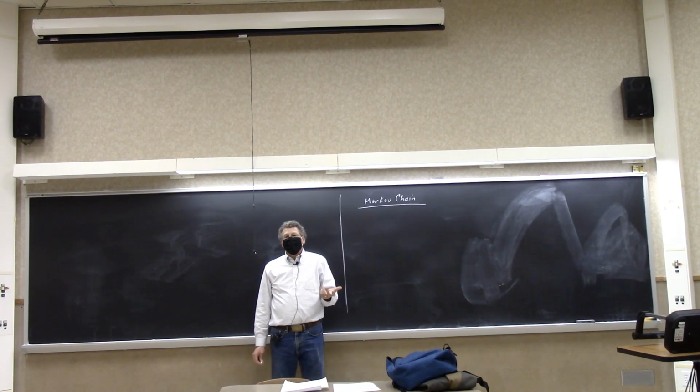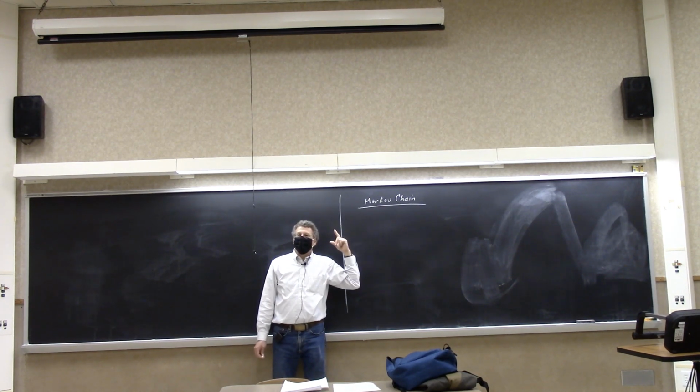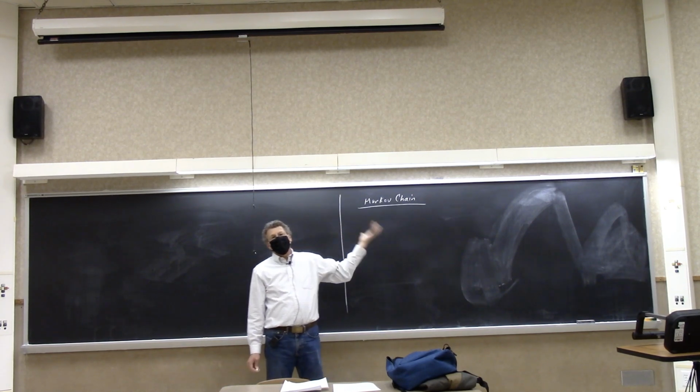Either the independent variable or the dependent variable can be continuous or discrete. If you say Markov chain, it usually means that the independent and dependent variable are both discrete. So it's discrete in time and discrete in state.